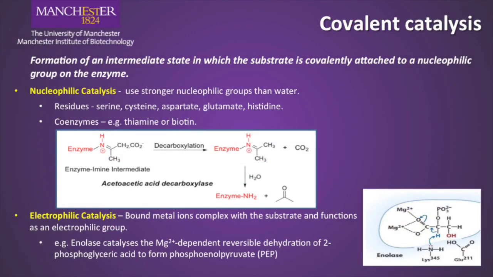Another strategy is covalent catalysis, and in covalent catalysis what we're doing is to form an intermediate state in which the substrate is covalently attached to a nucleophilic group on the enzyme surface.